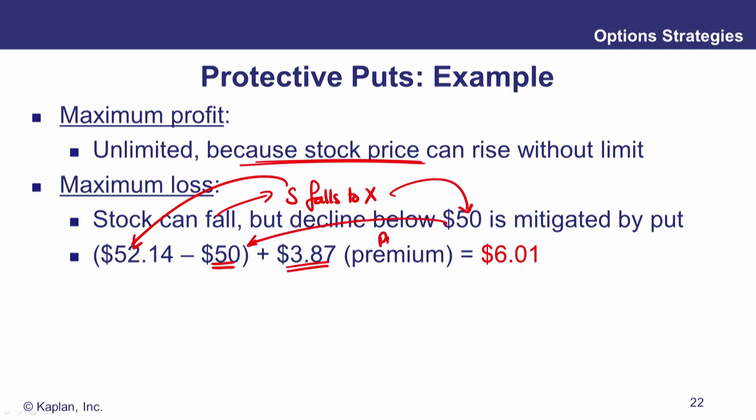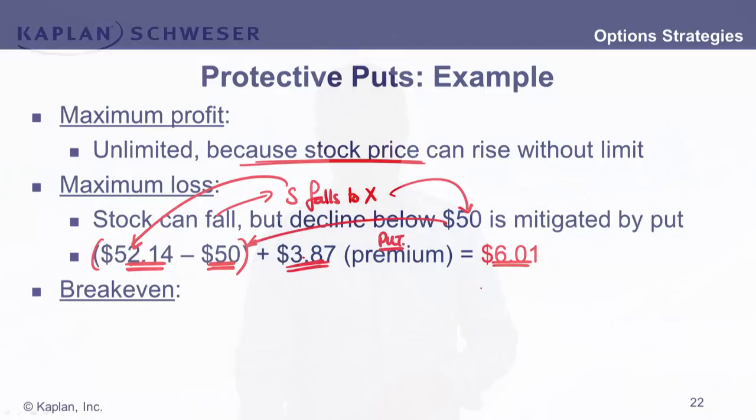And we paid the put premium of 3.87. So that loss, that maximum exposure on the underlying before the put protection kicks in, plus the premium we paid for the put, sums up to 6.01. We can't lose more than that, because every dollar the underlying falls below 50, we get an extra dollar profit from the long put.